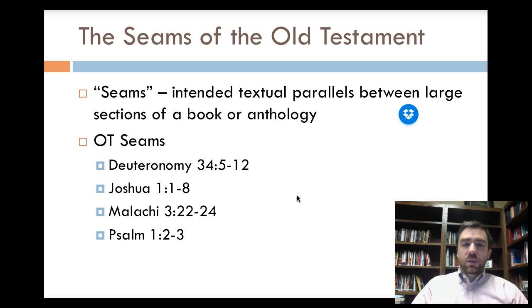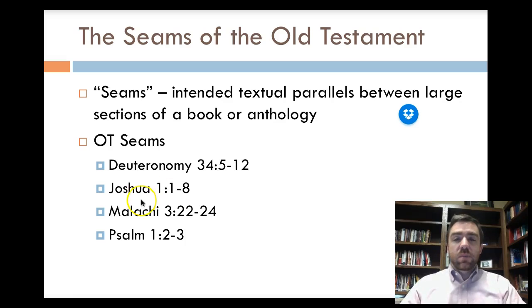So first of all, the seams of the Old Testament play in here because, as you may have read in House or in the optional Sailhammer article, there are seams that are intended to tie together the three sections of the Hebrew Bible. The authors of these works put these seams in to tie them together.